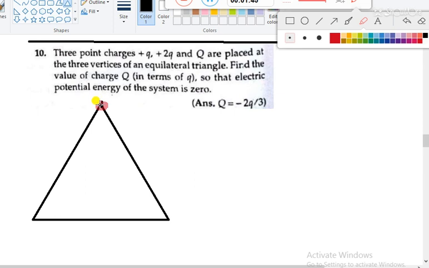So here I have taken the first charge, that is plus q. Let's suppose plus q is here. Let's take this as point A, and the charge at this point is plus q.